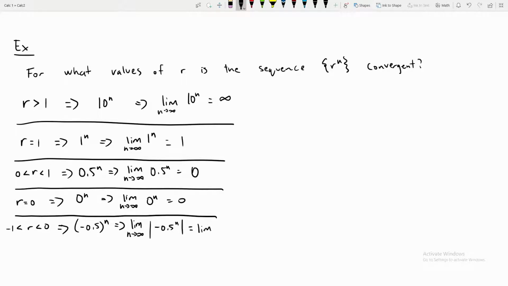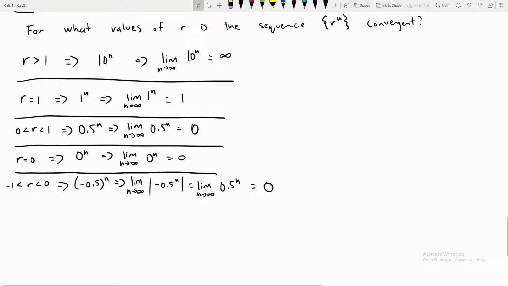Now we can say that this is equal to the limit as n approaches infinity of 0.5 to the n, which is also going to equal 0 because we have solved this limit before up here. Because the limit of the absolute value equals 0, we can say that the limit itself of this function right here will also equal 0. So in the case that r is between -1 and 0, the sequence will also be convergent.